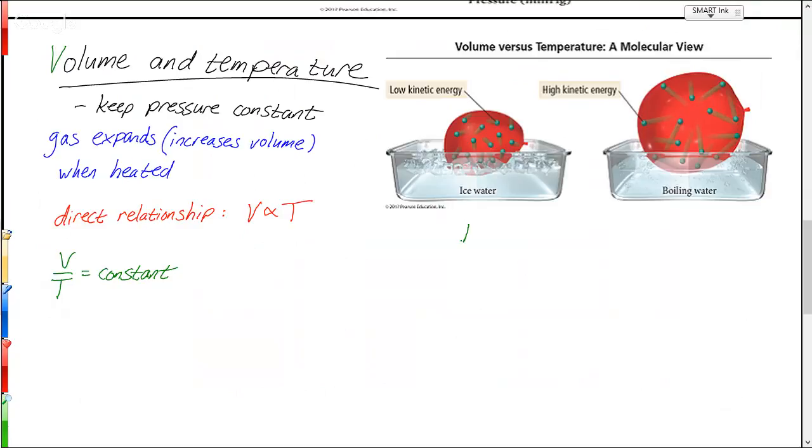We could also talk about volumes and temperature like this, where the first volume divided by the first temperature has to equal the second volume divided by the second temperature. So in this particular example, they both go up, so the ratio between them stays the same. One goes up, the other one goes up. And this is known as Charles' law.